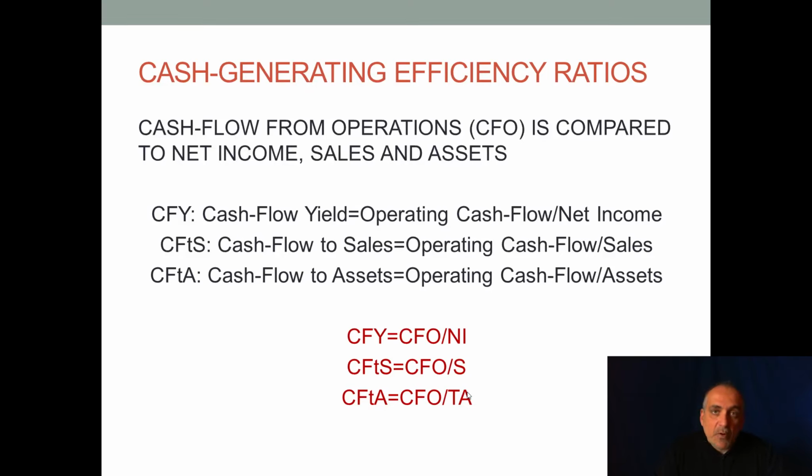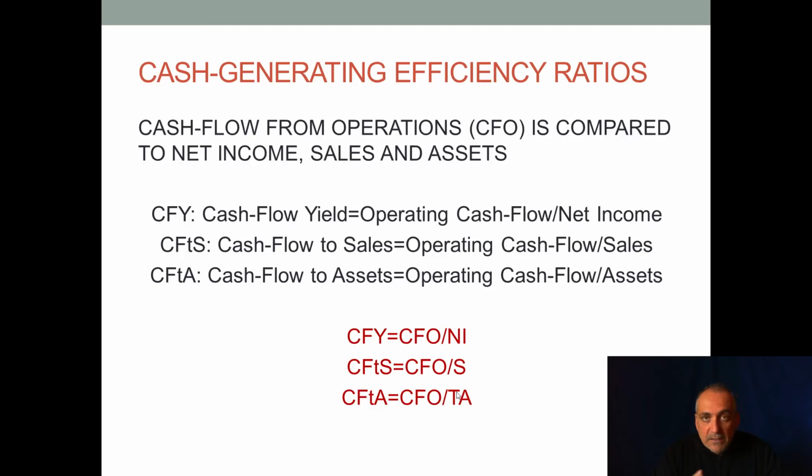These are some of the major metrics that are used by companies when they try to understand and make comparisons between, for example, company A, B, and C. You can look at the cash flow yield, i.e. operating cash flow over net income. You can use the cash flow to sales or cash flow to assets. So these are clearly some cash flow measures that are useful for companies listed on the stock exchange.